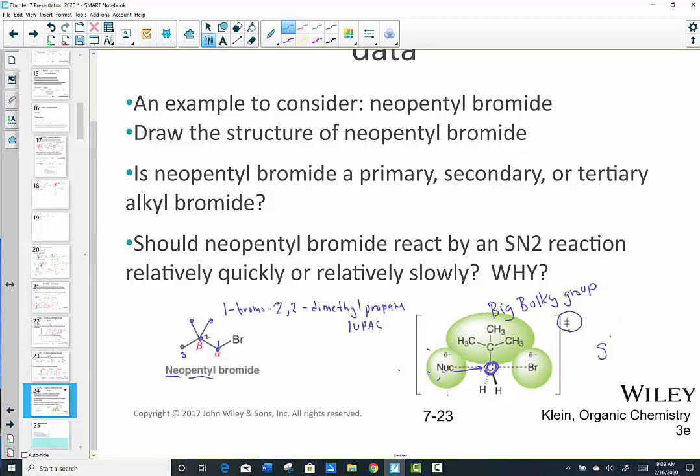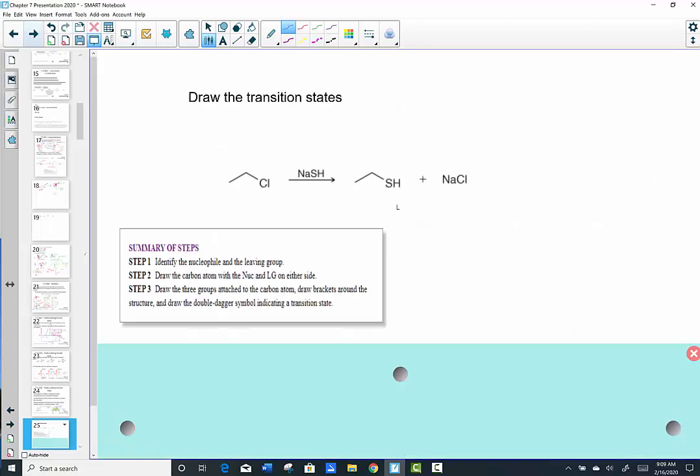The big bulky group will slow down the kinetics. This most likely will occur at a very slow rate, probably so slow it wouldn't even produce any appreciable amount of product. So steric hindrance of the alpha carbon should be considered if you'd like to have a substitution reaction. Make sure the alpha carbon is not behind big bulky groups.